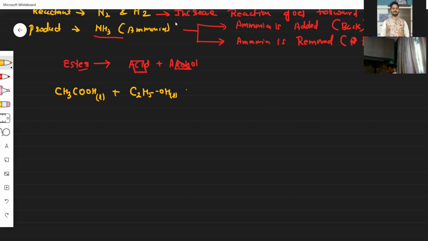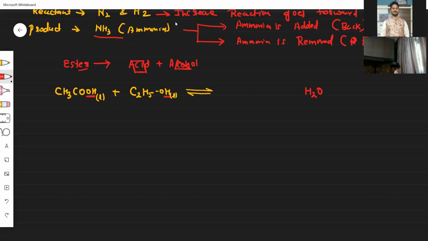As I told you, acid and alcohol always react together and give you the sweet, pleasant smell of an ester. Here the acid part will lose the OH, and the alcohol part will lose the H, and there is a loss of water.